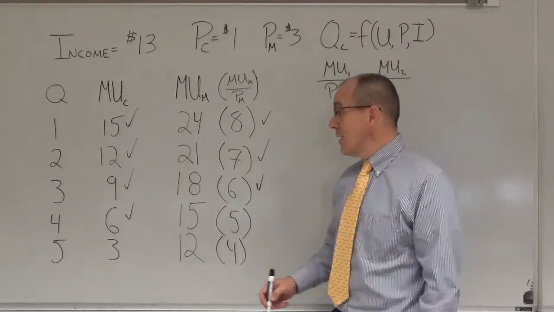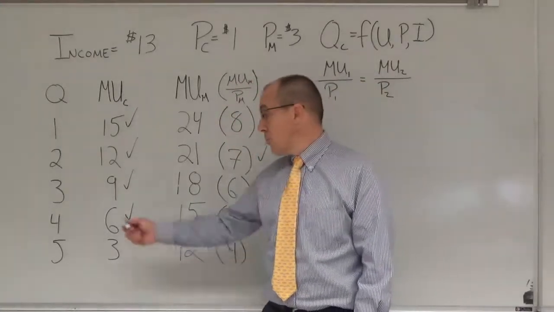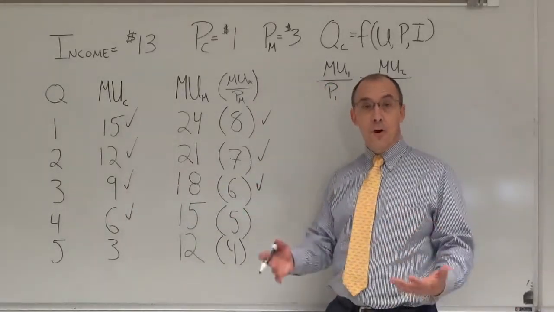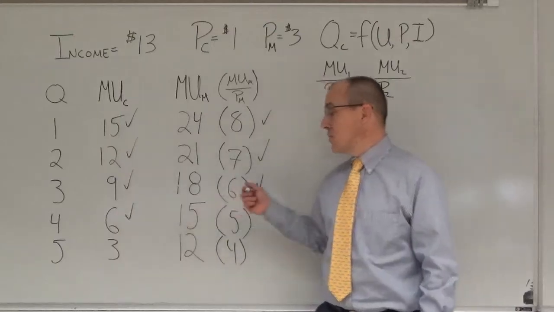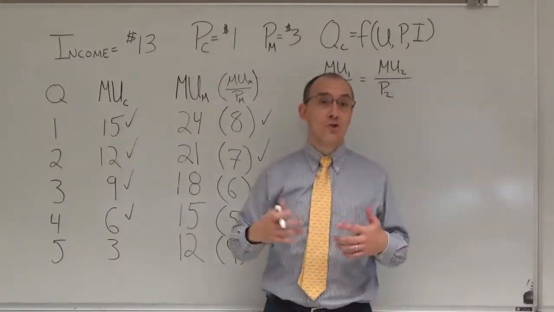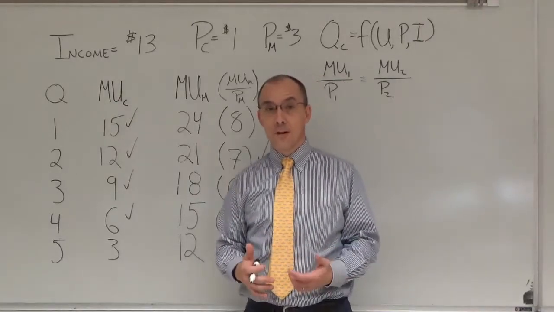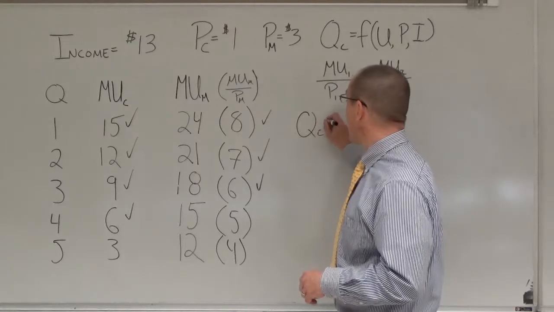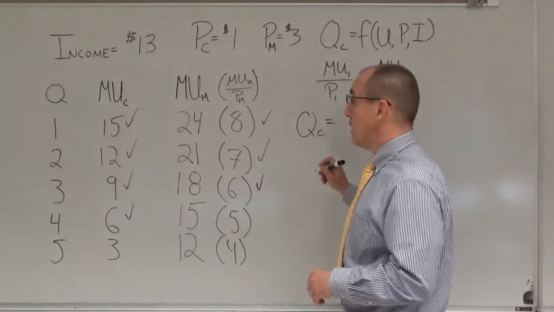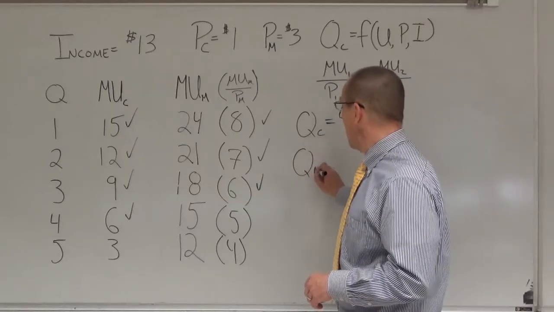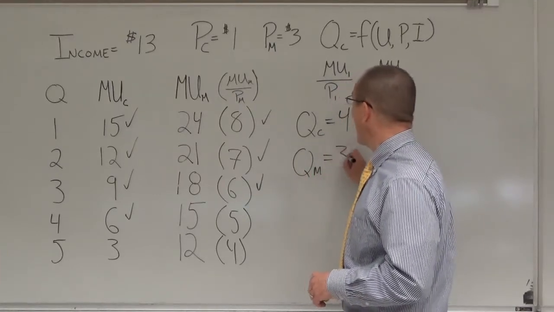He will stop buying cookies and milk when he has reached that point of marginal utility to price equality between the two goods, and he has spent all of his money. We're assuming he gets no additional utility from saving money. So he will buy a quantity of cookies of 4 and a quantity of milk of 3.